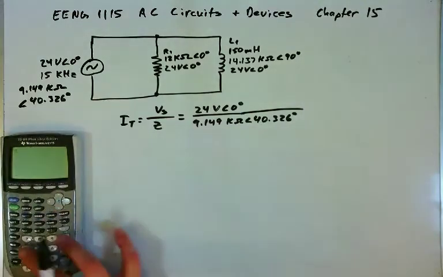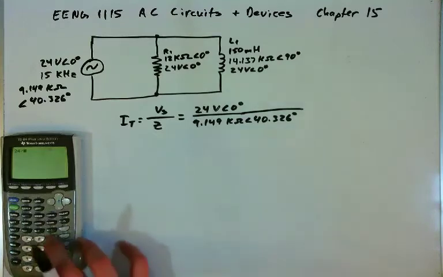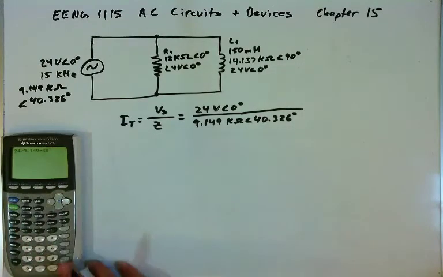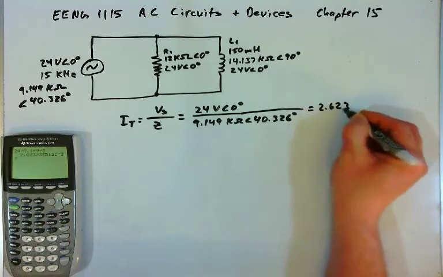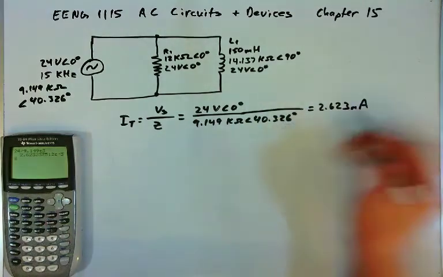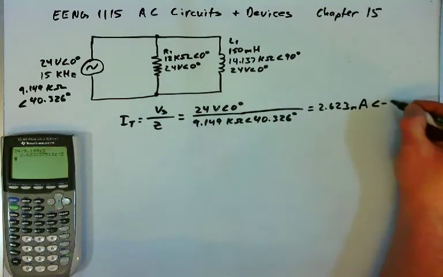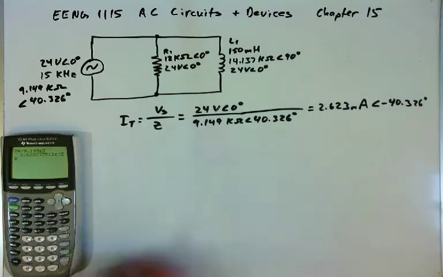We will divide the magnitudes, 24 volts divided by 9.149 kilo ohms, and we get 2.623 milliamps, and then we subtract the angles, and so 0 minus 40.326 will be a negative 40.326 degrees.